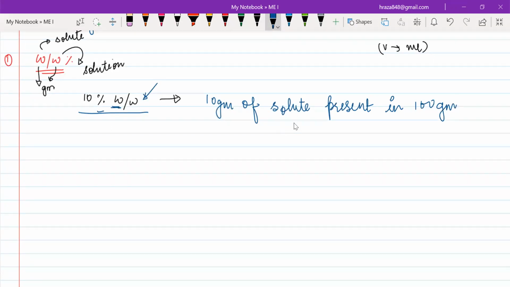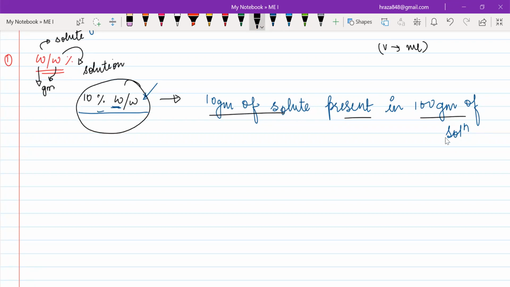So 10 gram of solute present in 100 gram of solution. From here we can see that the mass of solute is 10 gram and the mass of solution is 100 gram.